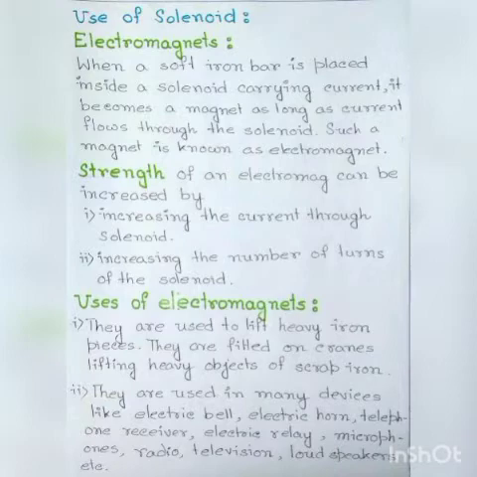The strong magnetic field produced inside a solenoid is used to magnetize a rod of a magnetic material like soft iron when placed inside the solenoid, and this magnetized material is known as an electromagnet. So what is an electromagnet?